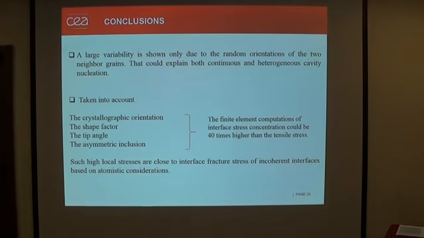And taking into account the crystallographic orientations, the shape factor, the tip angle, and the asymmetric inclusion, the finite element calculation of interface stress concentration could be up to 40 times higher than the tensile stress. Such high local stresses are close to the interface fracture stress of the interface based on atomistic considerations.